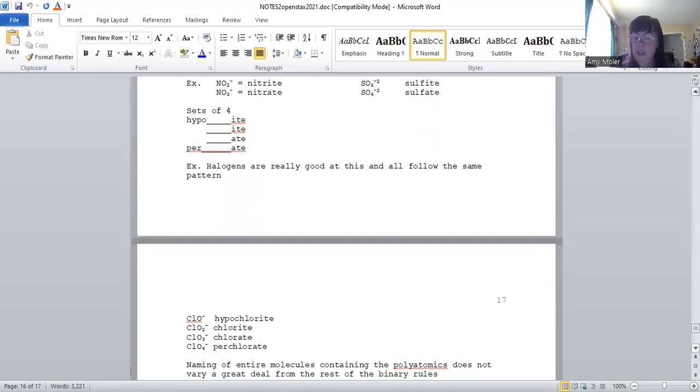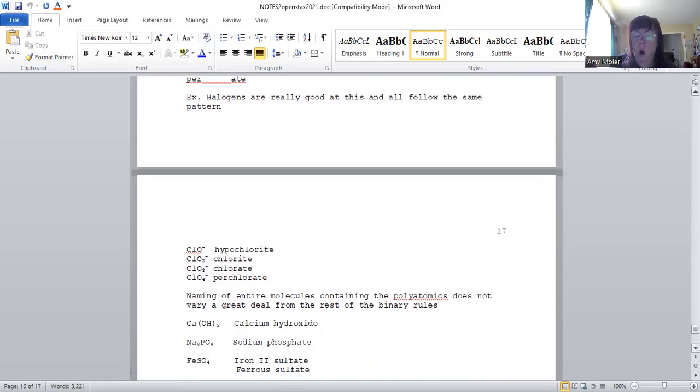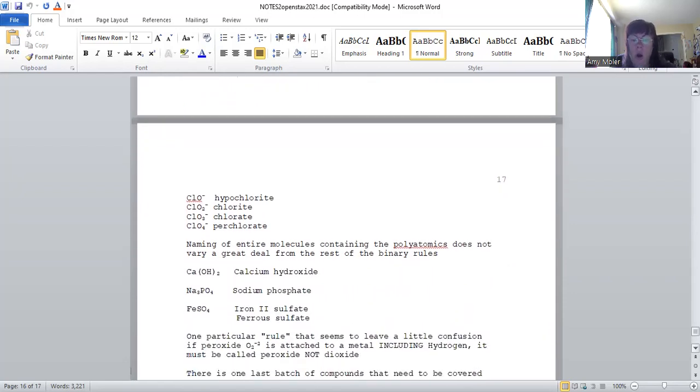And the highest number of oxygens has a per out in front. All of the halogens are capable of doing this. I picked on chlorine, but you can do it with fluorine, bromine, or iodine. Some of these are more common than others.